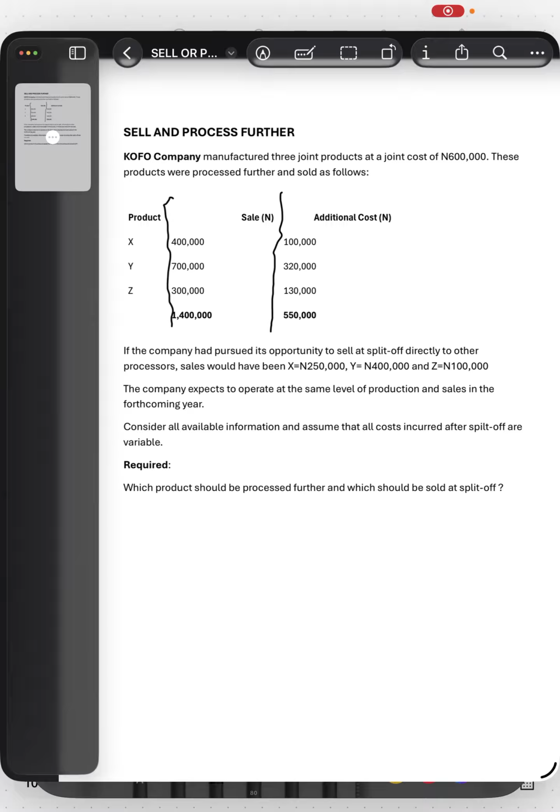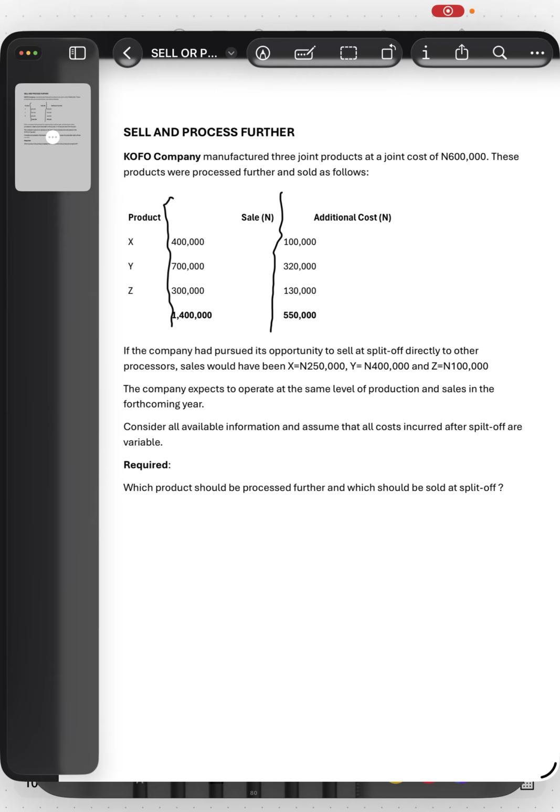So if we go by this, we can now understand. And they said further, if the company had pursued its opportunity to sell at split off directly to other processors, sales would have been 250,000 for X, 400,000 for Y, 100,000 for Z. That is if they are to sell at split off point before even producing further.